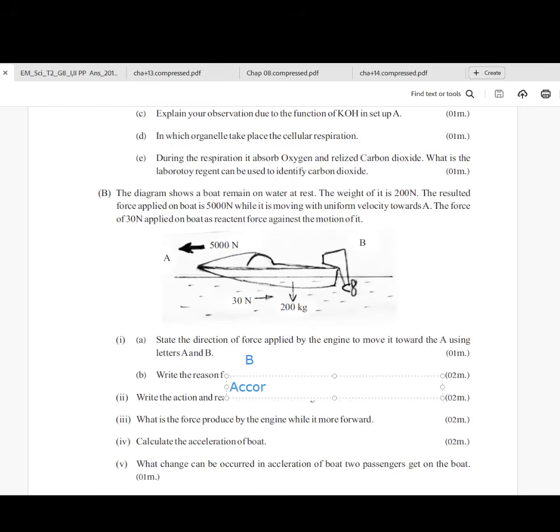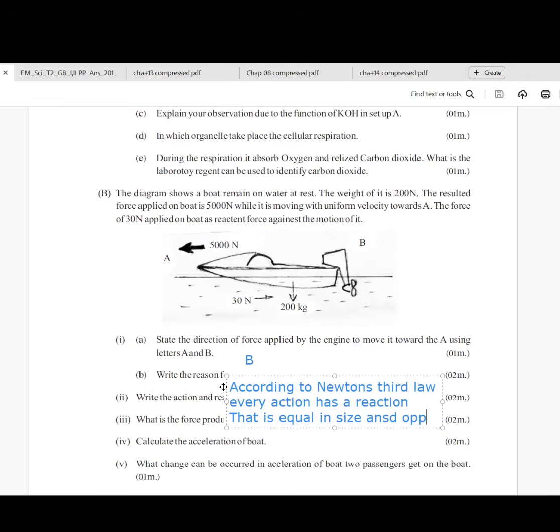According to Newton's third law, every action has a reaction that is equal in size and opposite in direction.